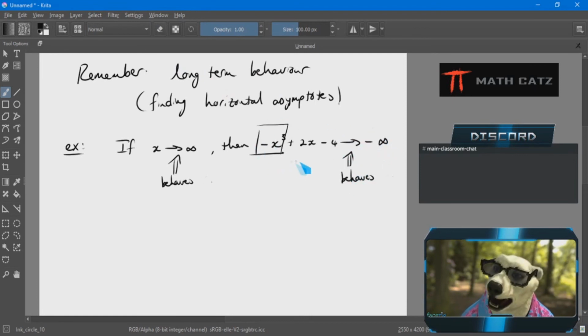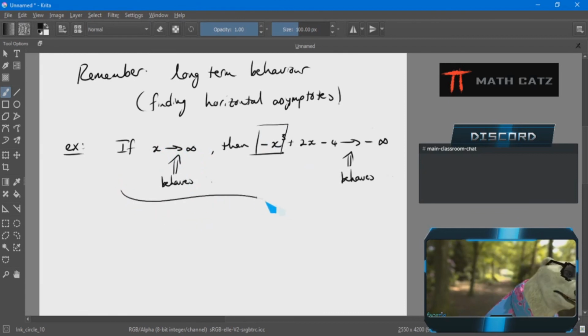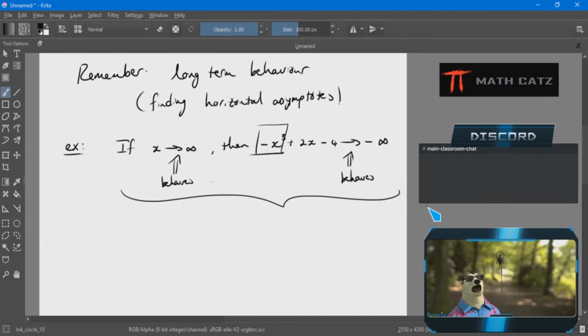So the y value, the function value, blows up in size but always negative, as x blows up in size but always positive. I simply want to now phrase this in a more compact way that going forward it's going to feel a little bit more like calculations instead of sentences, but it's going to be the exact same thing. I want to introduce this question, and I'm going to leave it open because what the answer is changes things a little bit.